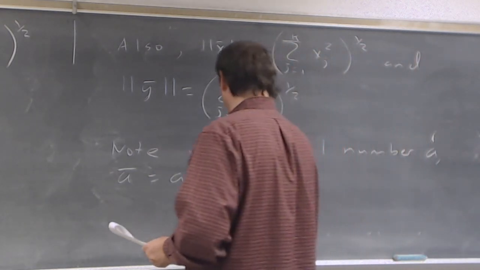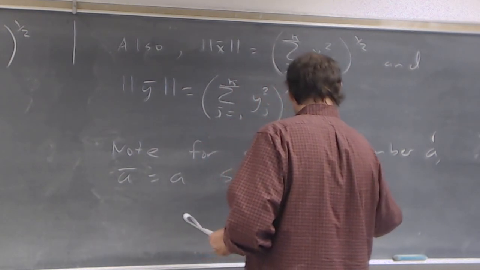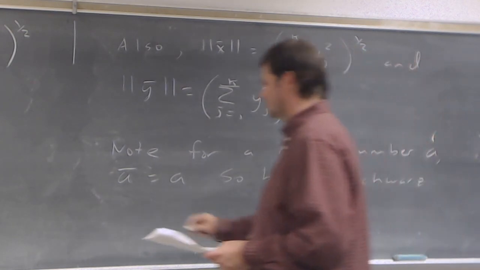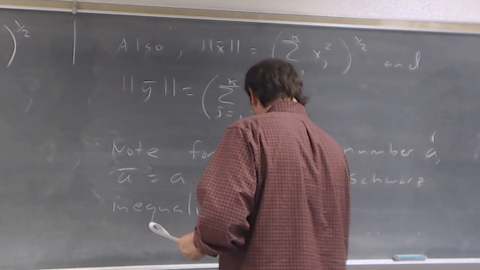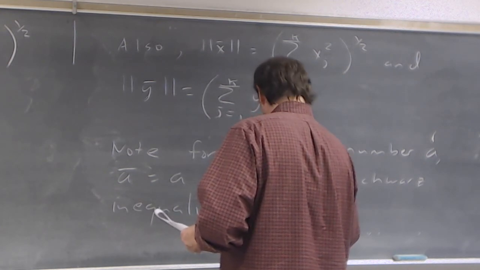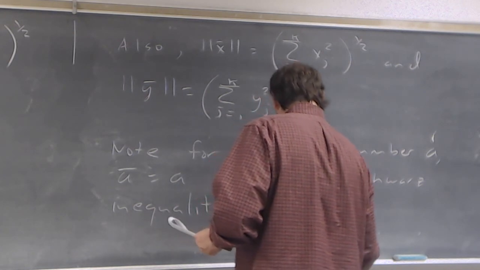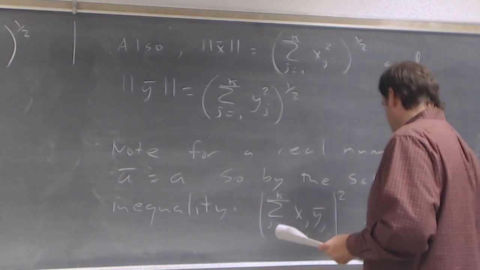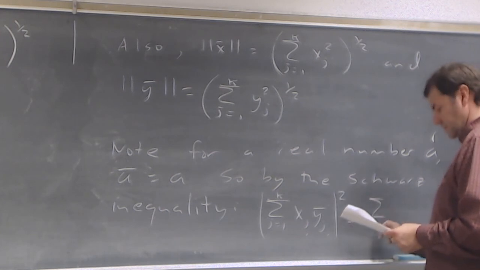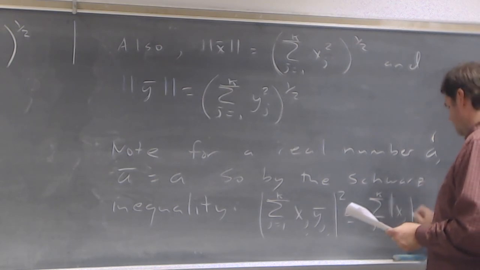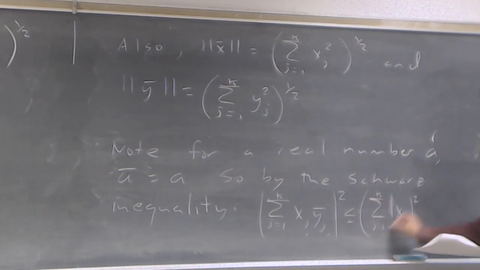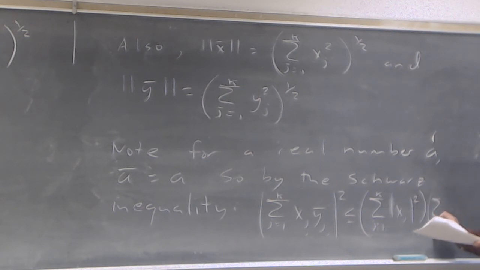So by the Schwarz inequality, thinking about complex numbers for a second, the sum as j runs from 1 to k of x sub j times y sub j conjugate, inside the absolute values, squared, is going to be less than or equal to the sum as j runs from 1 to k of the absolute values of the x sub j squared times the sum as j runs from 1 to k of the absolute values of the y sub j squared, the modulus here.